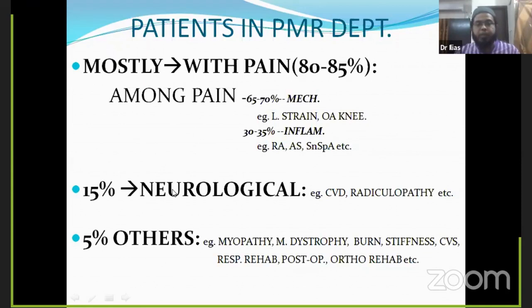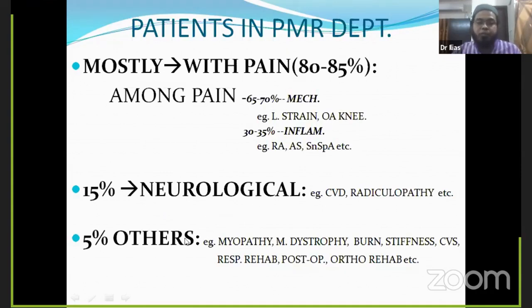And 15% of the patients come with neurological conditions, like cerebrovascular diseases in the form of stroke or any other cerebrovascular incident in the brain, or sometimes a few patients come with radiculopathy or entrapment neuropathy as well. So these are the patients with neurological conditions, amounting to 15% of the total cases.